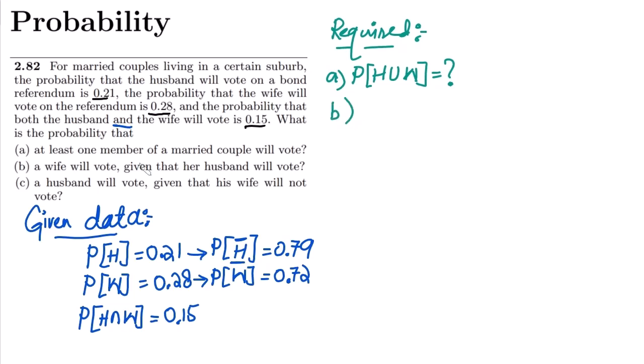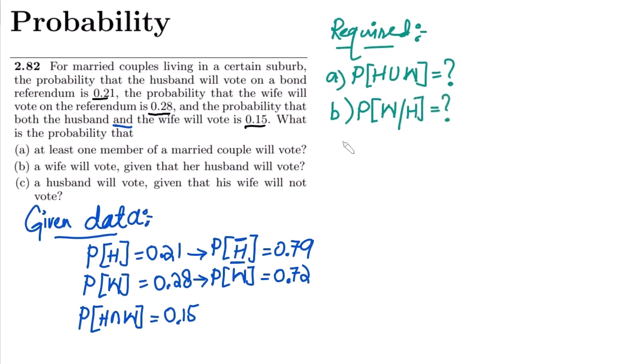Similarly for part B, what is given is that a wife will vote given that her husband will vote. So we have to find the probability of a wife voting given that her husband will vote.